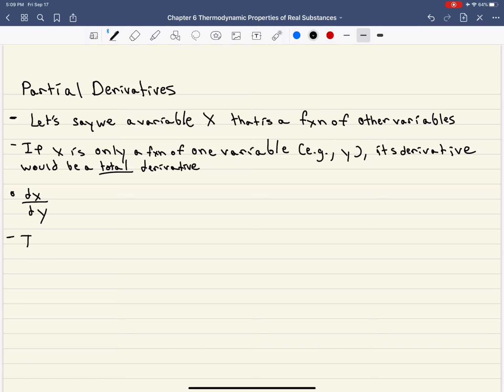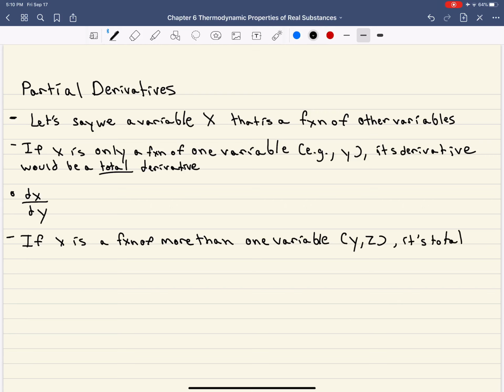But if x is a function of more than one variable, so let's say it's a function of both y and z, its total derivative wouldn't be a function of just one thing, but its total derivative is going to be the sum of what we call its partial derivatives.